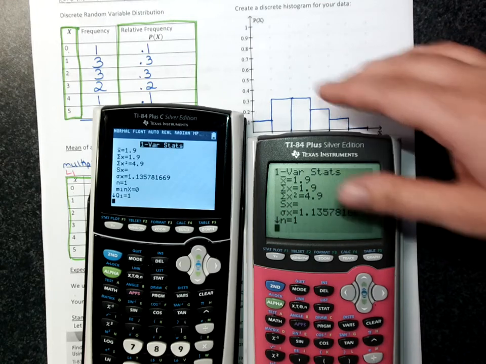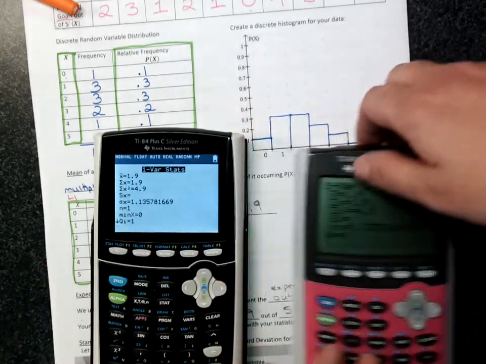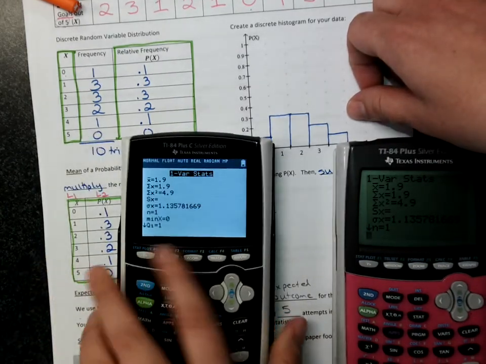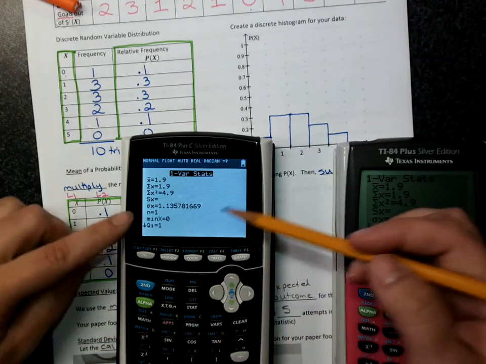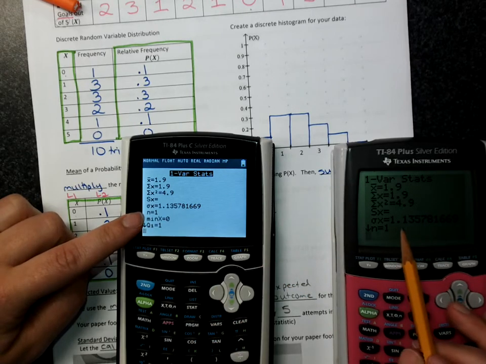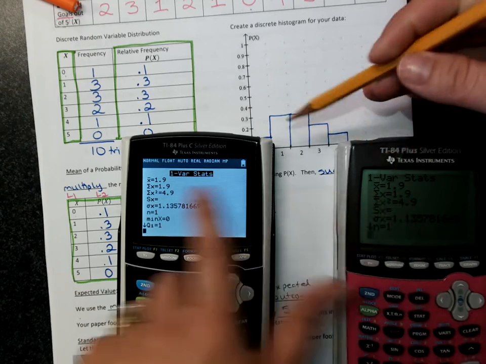If you did this correctly, your x bar of 1.9 should match the one we got by hand, 1.9. And then your standard deviation is here. So standard deviation of x is 1.136. So you'll see it here. So just make sure your x bar is correct.